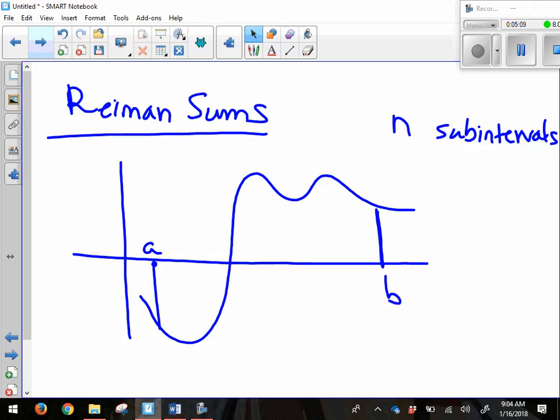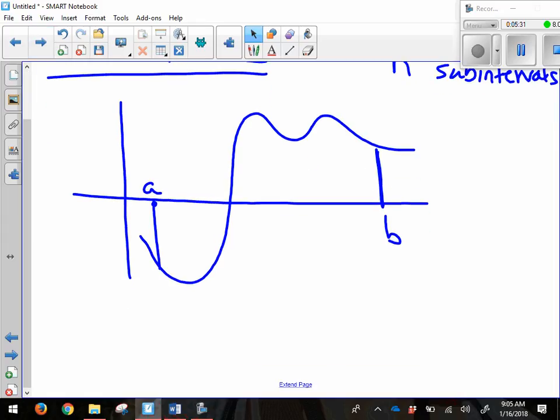Because then a to the first point would be my first interval, first to second point would be my second, second to third would be my third, third to fourth would be my fourth, and fourth to b would be my fifth. Right? Got it? Okay, then I'm going to pick those 4 points in the middle, and I'm going to end up with 5 subintervals.